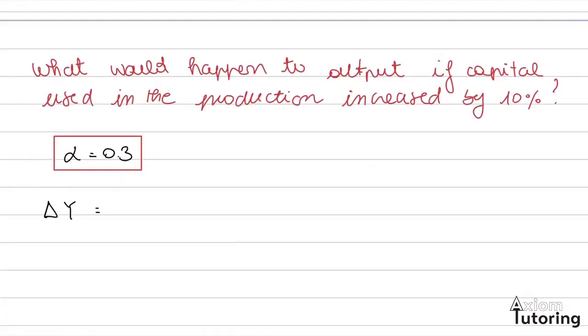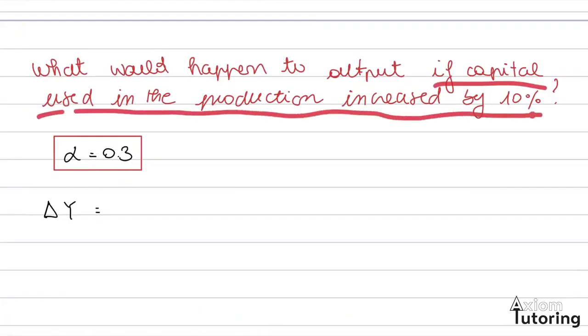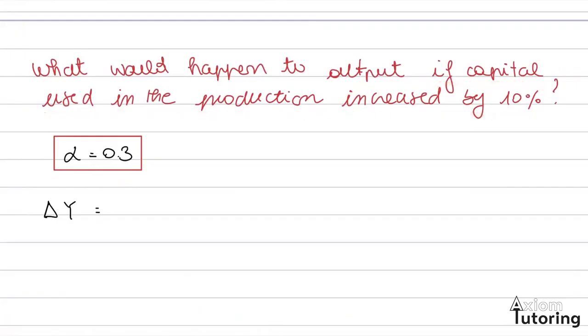We can look at this also with a couple of practical examples. So let's assume that alpha is equal to 0.3, and let's look at what happens to output if capital used in production were to be increased by 10%. To calculate this change, let's make a ratio between new output and old output.